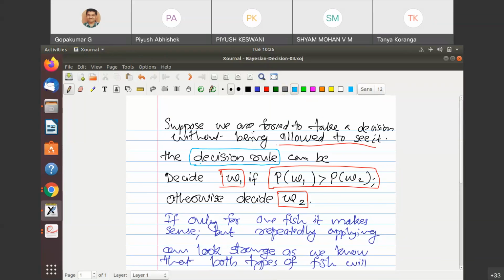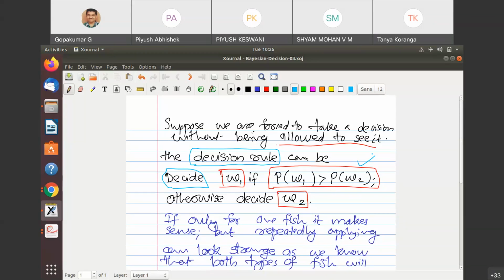The decision rule that we can formulate is, for example, we decide W1 if the prior probability of W1 is greater than the prior probability of W2. For example, if 70 percent is the probability P of W1, then we can always predict that the next fish arriving is W1, say sea bass or salmon, whatever.